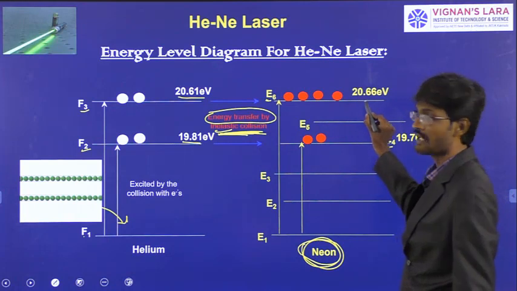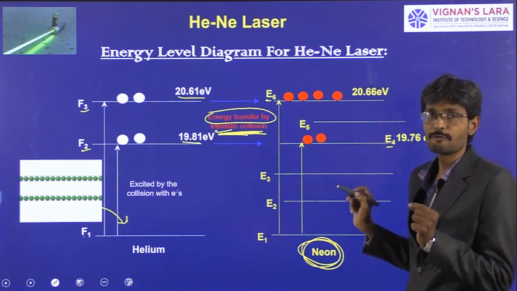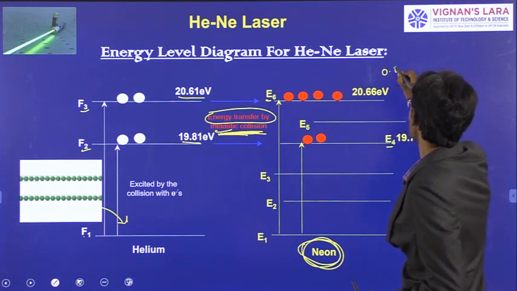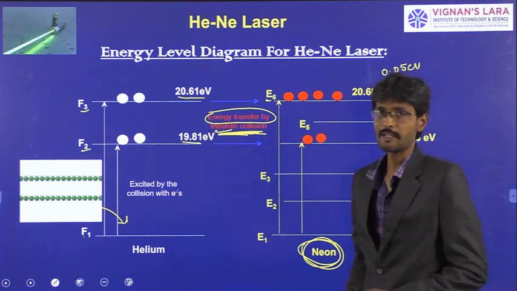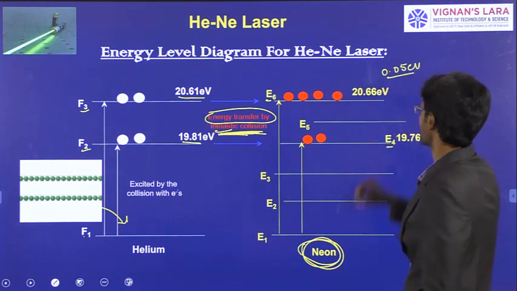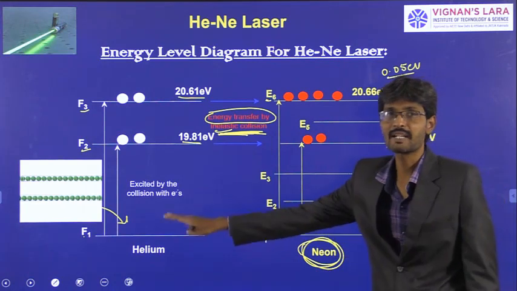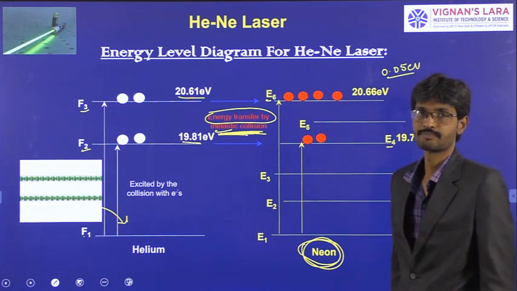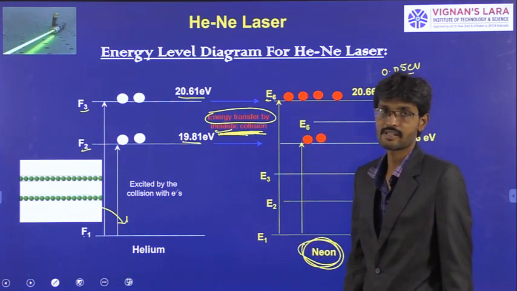If you observe, this energy level E6 is slightly, 0.05 electron volt, greater than F3. And this small difference will be given to the neon ions from the kinetic energy of the helium ions. As a result, the neon ions will go to 20.66.